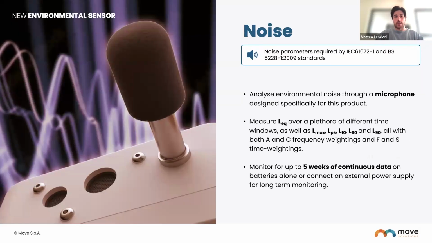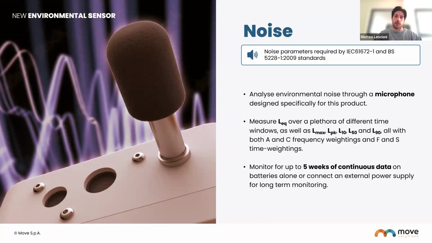And then we have the noise channel. Within the noise agent, all of it is the noise channel. What that agent can provide is all of those regulated parameters according to the IEC class 1.